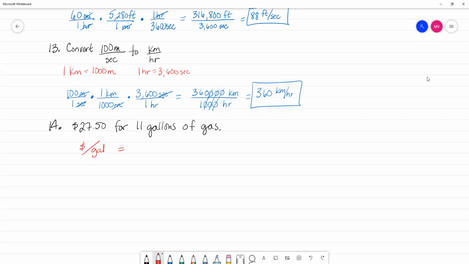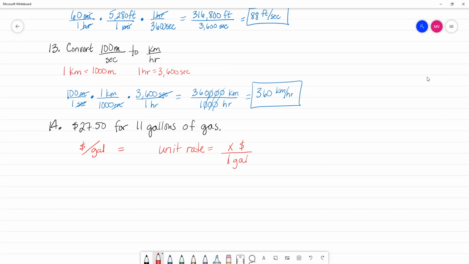What is the number of gallons when we create a unit rate? Nope. 1. Unit rates are like a unit multiplier. We're trying to figure out how much money for 1 gallon.